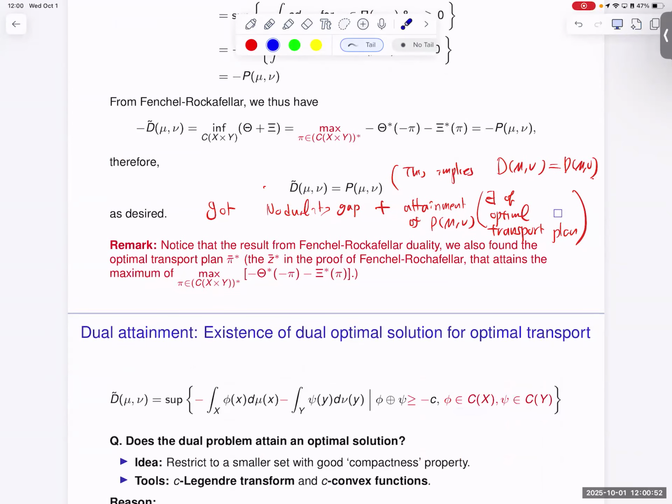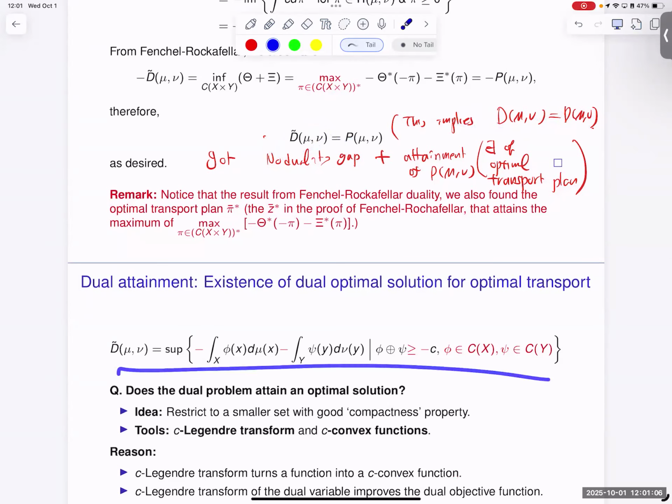So you always have this bigger than or equal to, and this always less than or equal to P mu nu. Because of this, you have equality here, and you have equality there. All right. So anyways, this is the dual problem we can now work on.